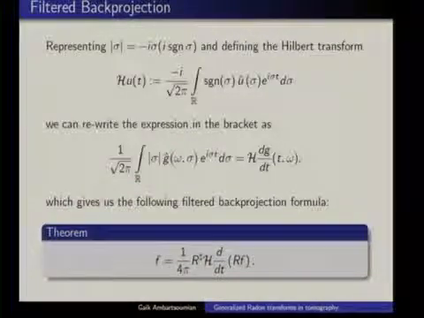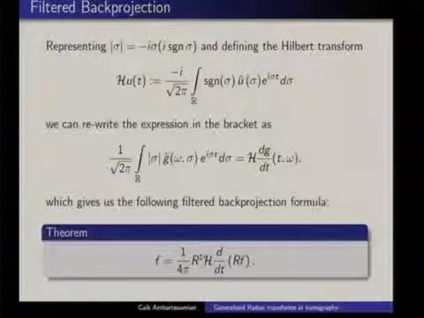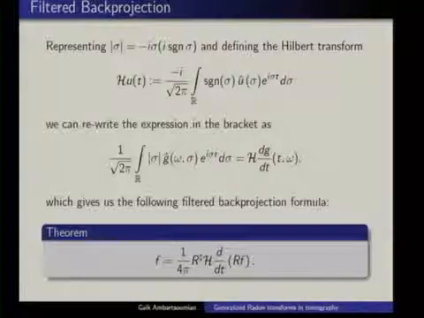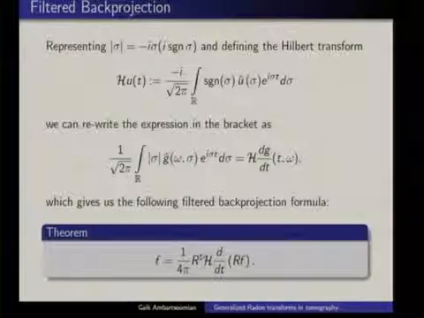The reason we're doing it is because that will give us exactly one of the definitions of the Hilbert transform. If you have a function, you take its Fourier transform, multiply by the sign of the frequency variable, and then do the inverse Fourier transform with some constant in front, that's called a Hilbert transform. So the previous formula simply says that this integral can be written as a derivative with the Hilbert transform.